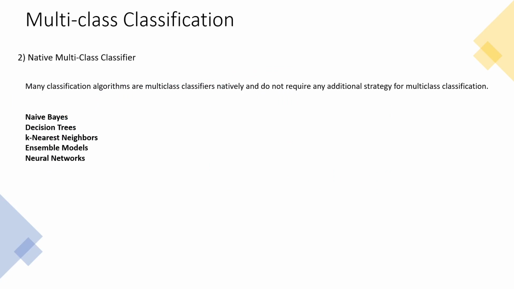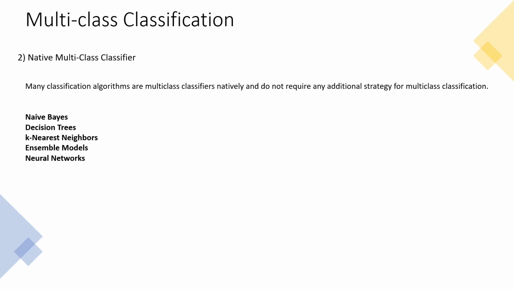And the second strategy you can follow if you want to solve a multi-class classification problem is to use native multi-class classifiers. These guys over here, naive Bayes, decision trees, k-nearest neighbors, ensemble models, and neural networks, are by nature multi-class classifiers. So you don't need to deal with anything. You can just provide them multi-class samples, and then you can use them for multi-class classification.